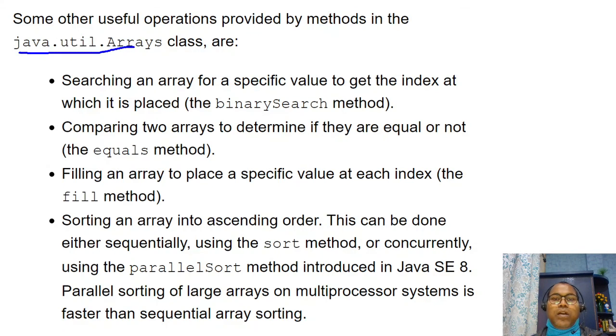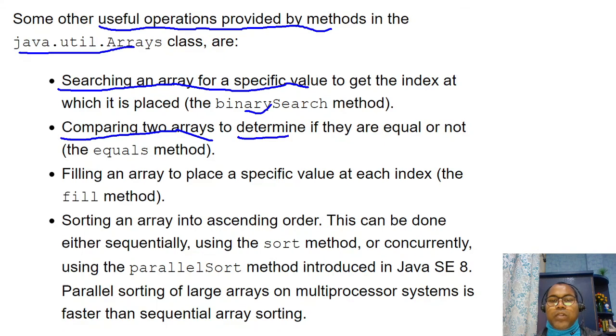The java.util.Arrays class also provides other useful operations. If you want to search an array for a specific value, you can do a binary search. You can compare two arrays to determine whether they are equal or not, as there are utility methods for that as well. Sometimes you fill an array to place a specific value at each index; you can use the fill method.